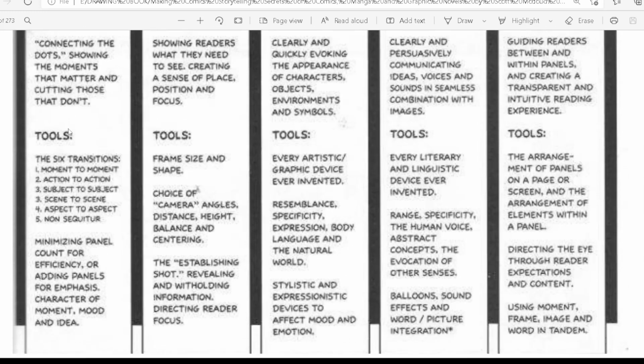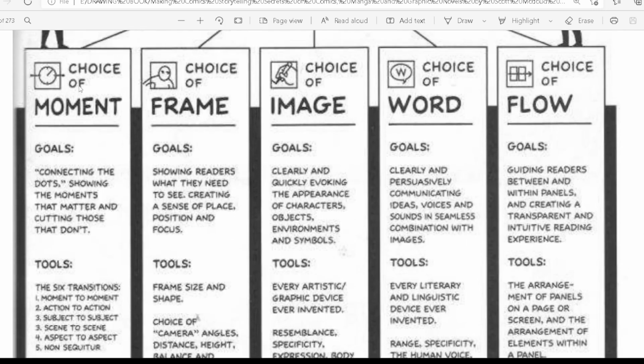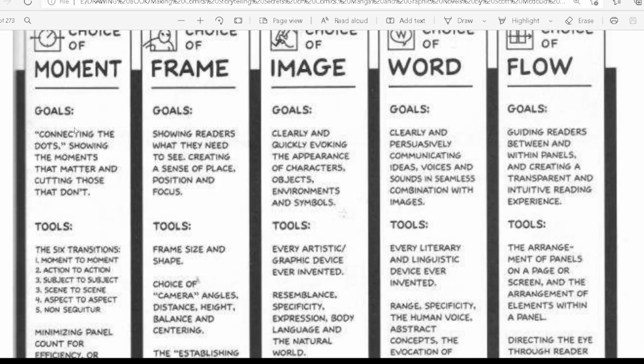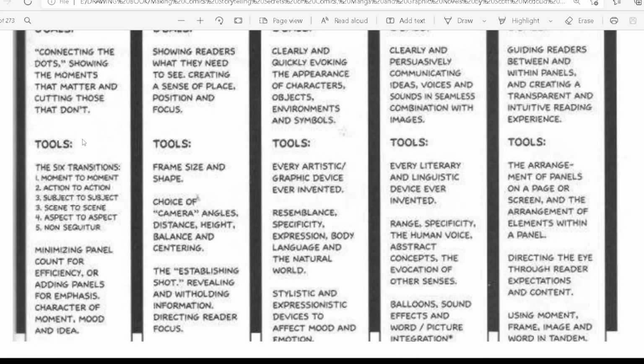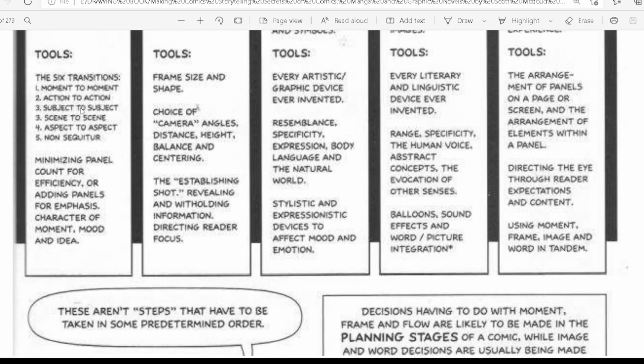So basically we have already discussed the tools required for choice of moment, right? Then we have the tools. You can get into detail in my earlier videos.